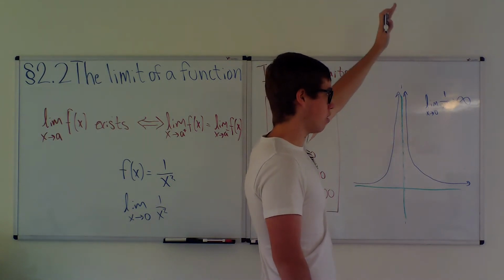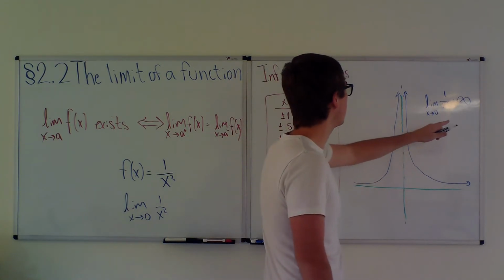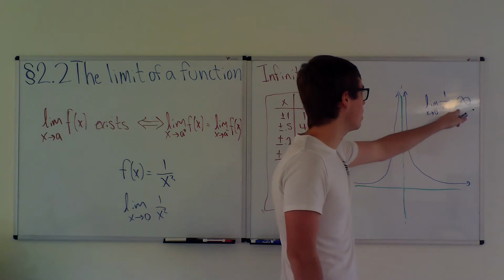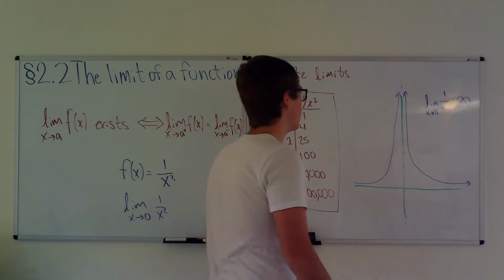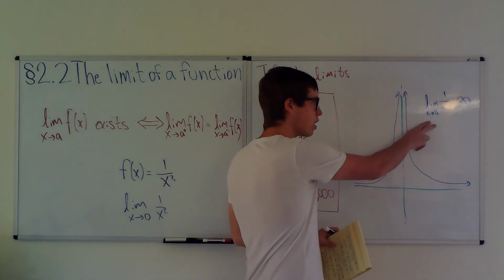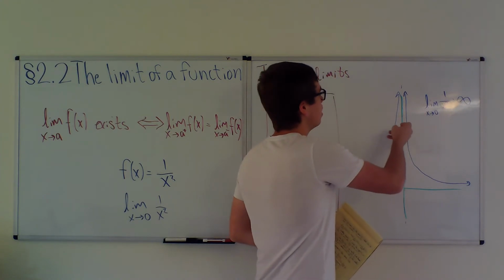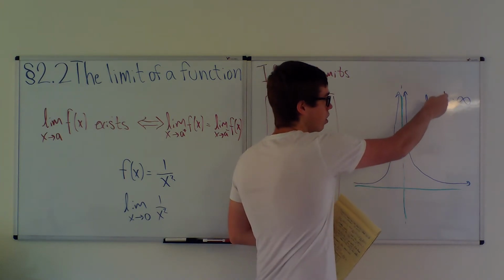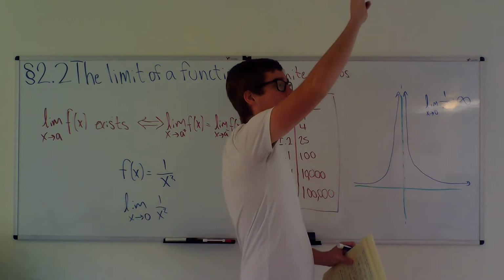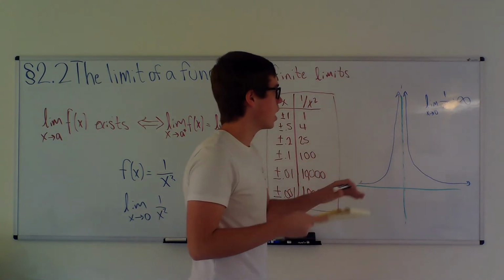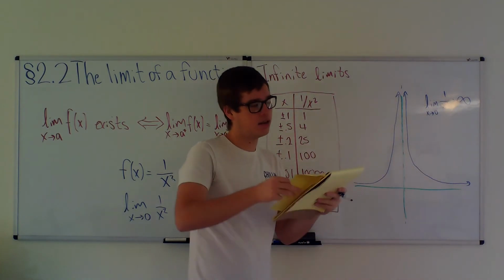So the limit as x approaches 0 of 1 over x squared is equal to infinity, because it's never going to touch x equals 0, because that would be 1 over 0, which is not okay. So it's going to just diverge to infinity and beyond.